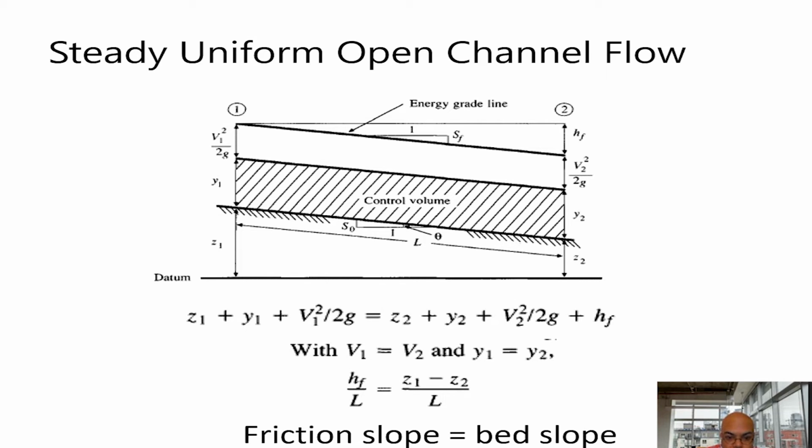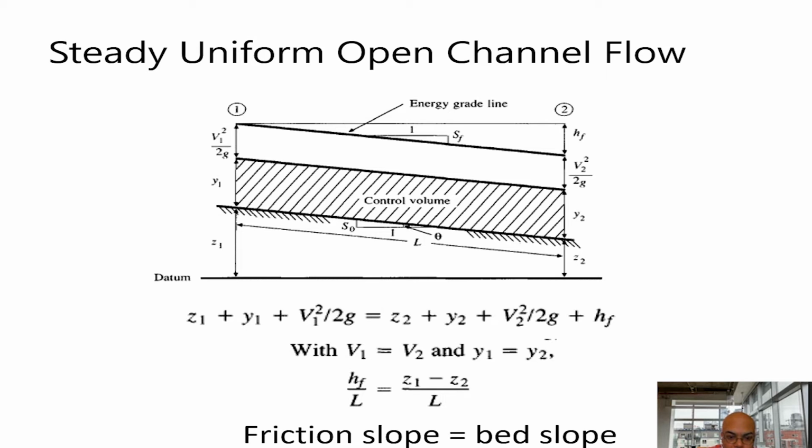So you can see here this dashed line or hatched line shows the fluid. Here y is the depth, and z is the datum height. Because here we are applying energy, the energy at any cross section is composed of potential energy, pressure energy and kinetic energy.